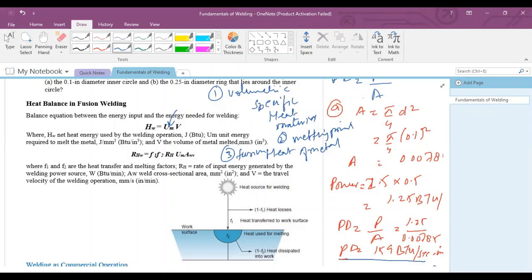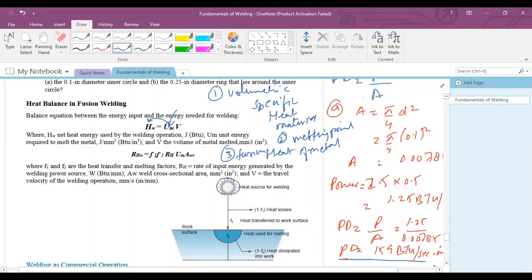That is the heat of fusion, and it has a direct relation with the heat energy used by the welding operation.